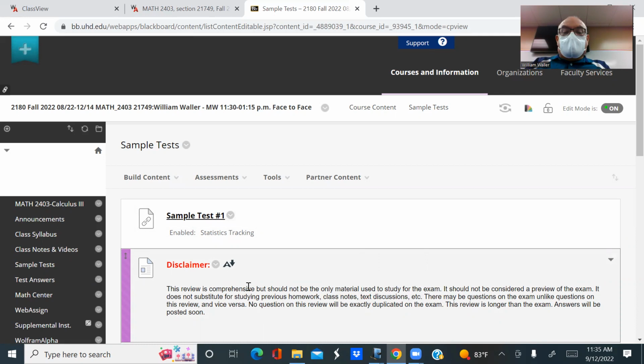Maybe I didn't put it there. Is it on there? Yeah. So when you open that, don't freak out and say, oh my God, we're not going to be able to finish this in a short period of time. No, this is just a sample test. I included lots of stuff on there just to give you plenty of practice, but the test will fit into the time period.